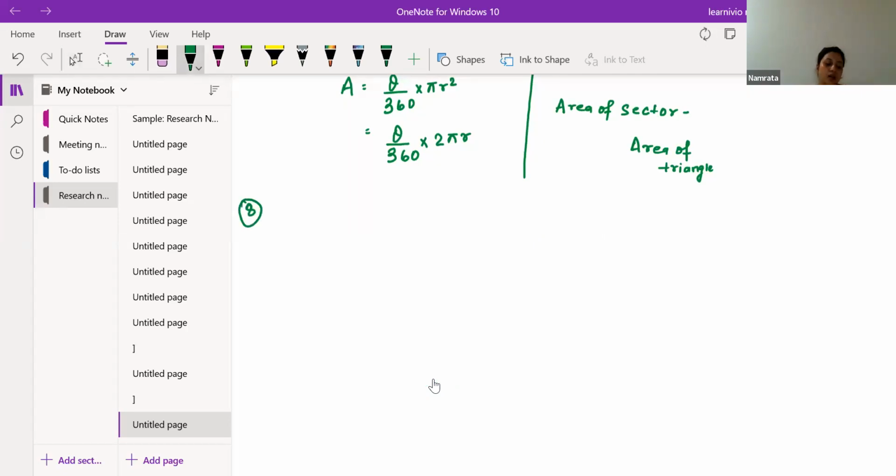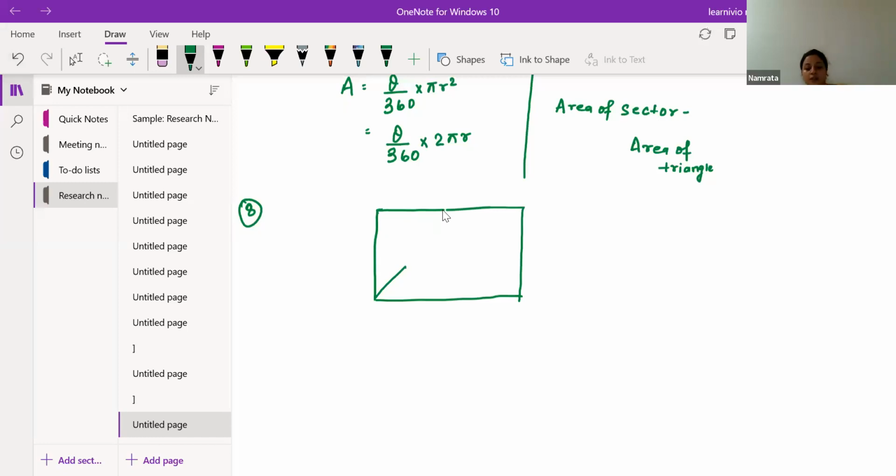Here it says a horse is tied to a peg at one corner of a square shape. So a square shape is there, and the horse is tied at one corner.